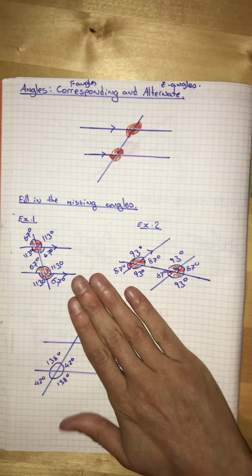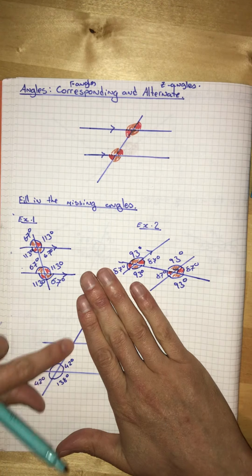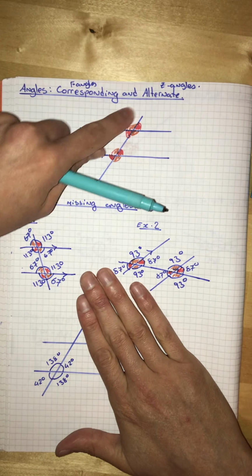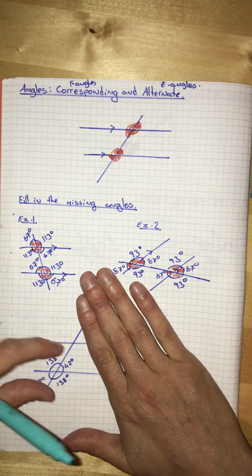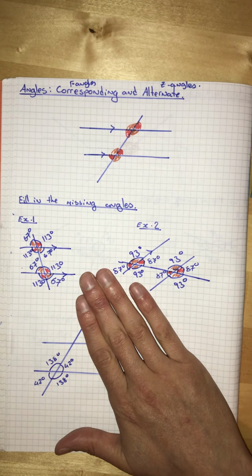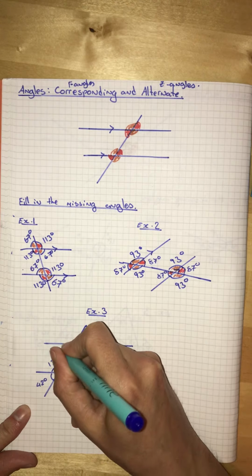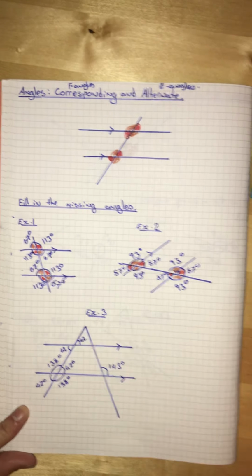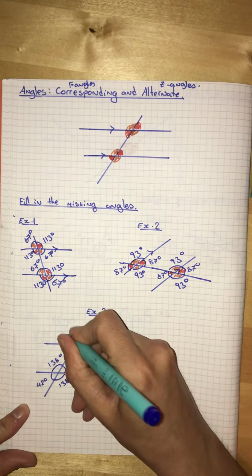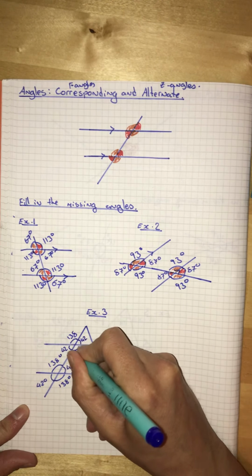Now if I cover this up, you can see that that is making a similar shape to this, which means there is some corresponding and alternate angles here. So 42 and 42, which means 42 and 42, which means 138 and 138.